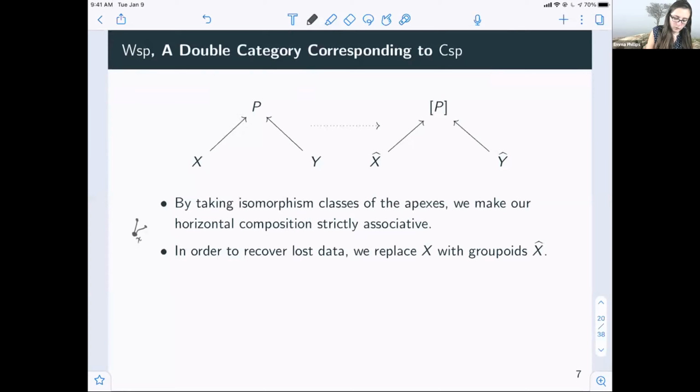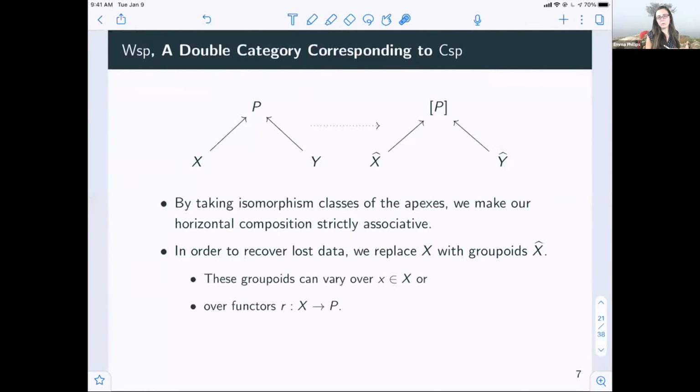And each of the rays of the star that come out correspond to both functors from X to P and to natural isomorphisms of P, or of P to other isomorphic categories. And so we can break up the definition of these groupoids in two different ways. One, we could vary these groupoids over the elements in X, or we could vary it over the functors from X to P. And we've been playing with both of these models. We think that they both have their advantages.